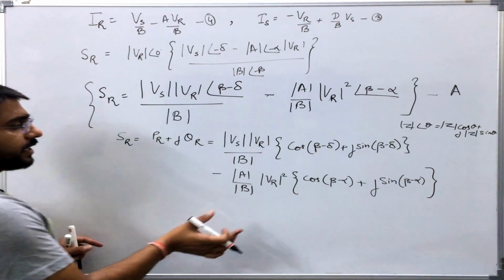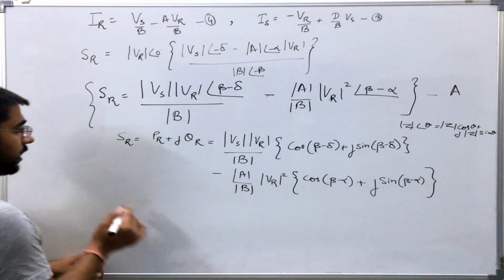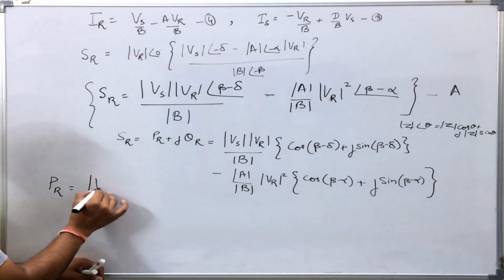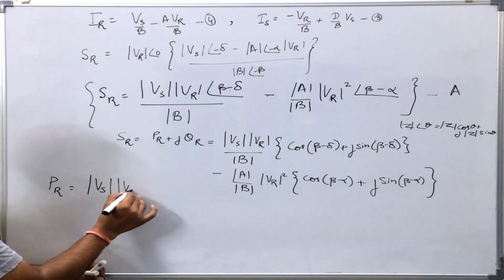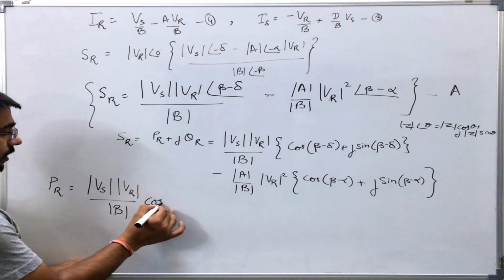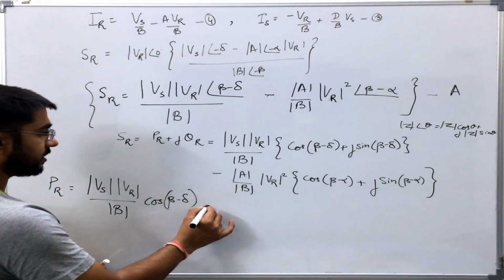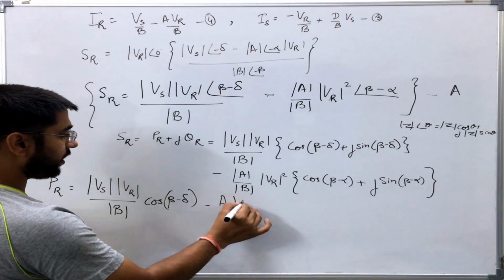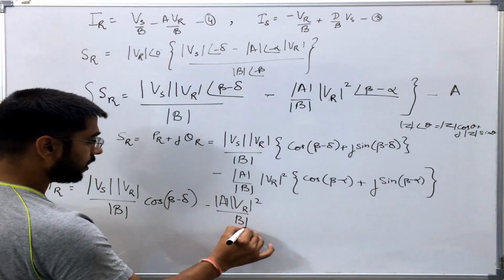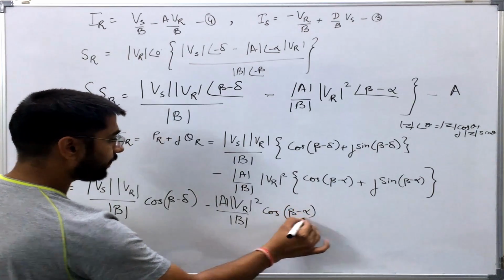Now taking the real terms and the imaginary terms together, PR is simply Vs VR over B cos of (beta minus delta) minus A VR square over B cos of (beta minus alpha).